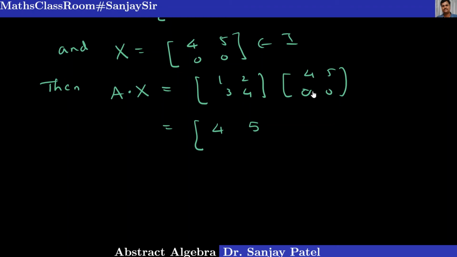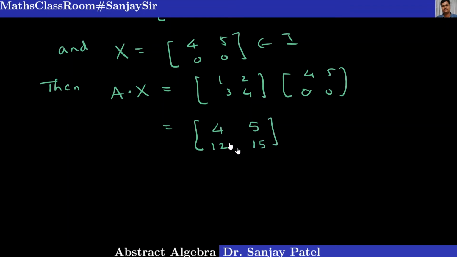Then 3 into 4, that is 12, plus 4 into 0, so 12 only. And 3 into 5 plus 4 into 0, so it is 15.